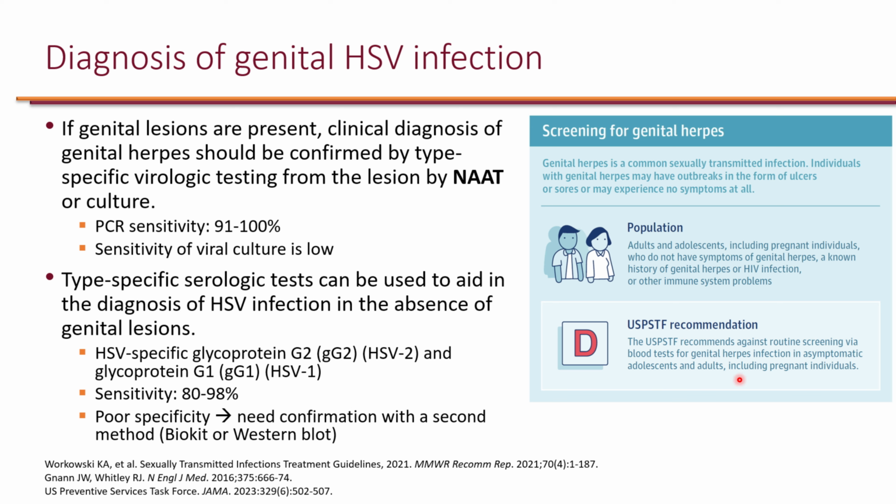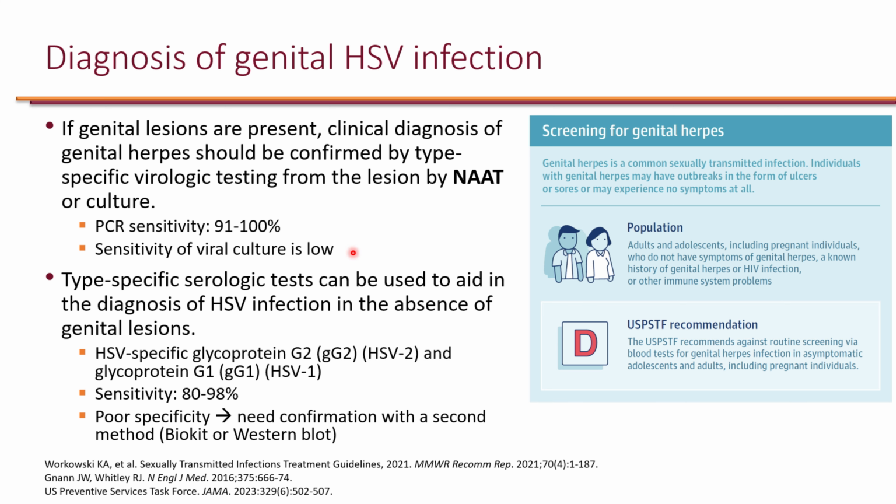It's only when people have symptoms that you essentially do the NAAT and diagnose them with genital herpes. Now, when people do have genital herpes, those ulcers actually increase the risk of HIV transmission. So for that reason, all persons with genital herpes should be tested for HIV.